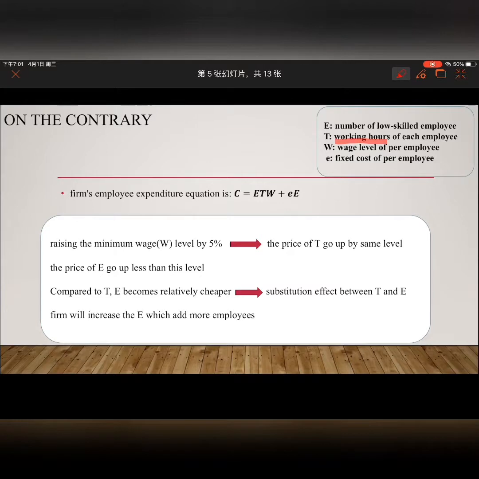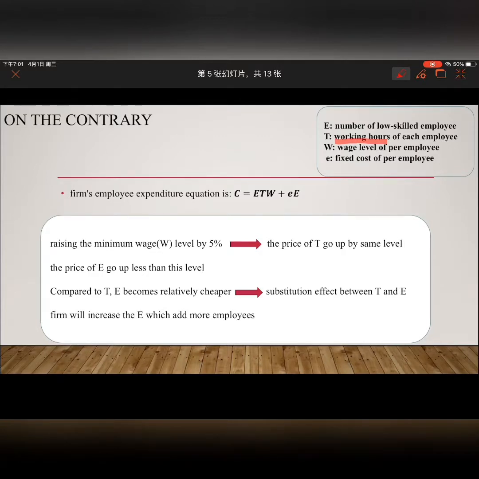On the contrary, if we raise the minimum wage level by 5%, which will cause the working hours of each labor T to rise by the same level, but the price of E, the number of labors, will rise less than this level.